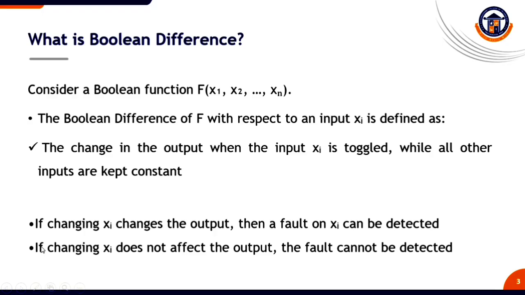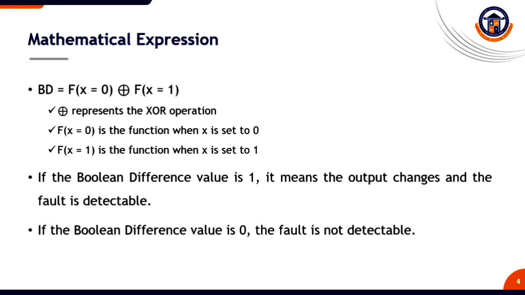In simple words, if changing xi changes the output, then a fault on xi can be detected. If changing xi does not affect the output, the fault cannot be detected. This is the concept of Boolean difference. Through this mathematical expression, we can identify the test vector for a given digital circuit.